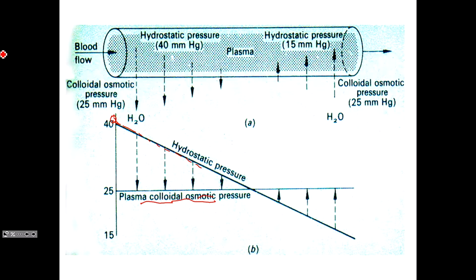And that is relatively constant. So the colloidal osmotic pressure outside of cells in the tissue space is constant at around 25 millimeters of mercury. So you can imagine on the arterial side of blood vessels, the hydrostatic pressure exceeds the osmotic pressure, so fluid is going to flow out of arterioles into the connective tissue space.